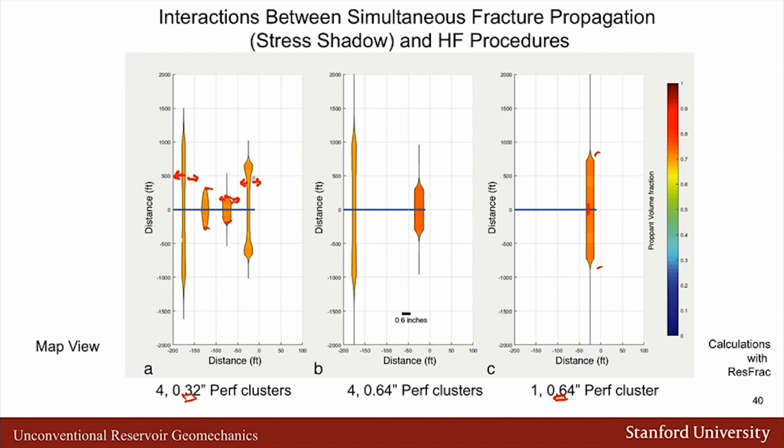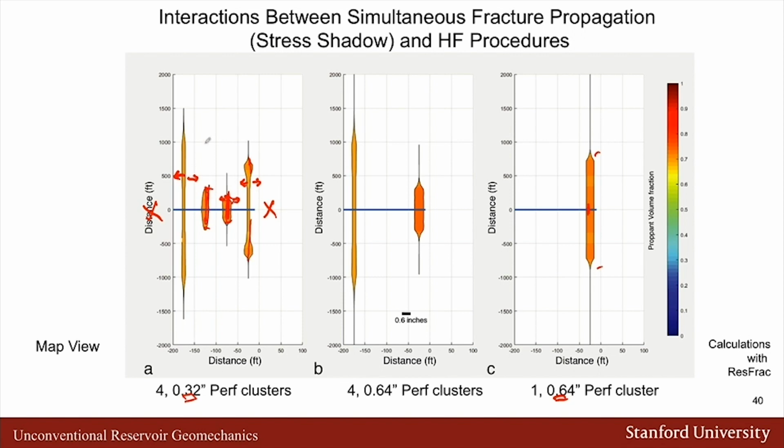So for the opening of the outside clusters, of course, there's nothing here and there's nothing there. So these fractures are only affected by the innermost fractures, but the innermost fractures are affected by each other and the outermost fractures. So these fractures tend to be stunted with respect to the outermost fractures.